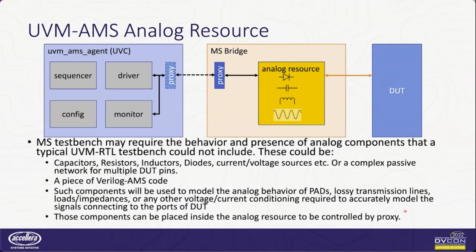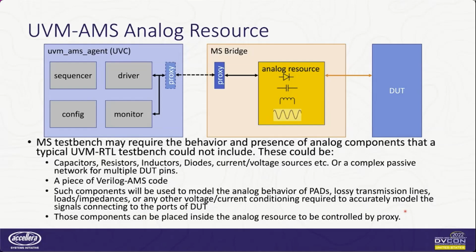This analog resource can consist of passive components like capacitors, resistors, inductors, etc. It can be voltage sources or even our continuously changing signal like our sine wave. It can be written in SystemVerilog, or if you need it to drive electrical signals in the analog domain, it can be a Verilog-AMS module.